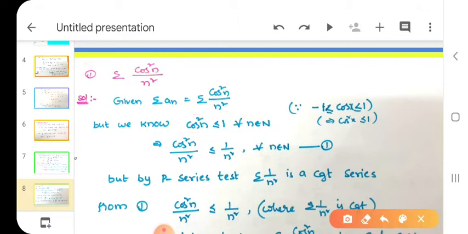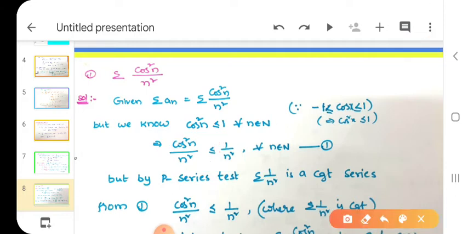Now I divide by n square on both sides. That implies cos square n by n square is less than or equal to 1 by n square. Here cos square n by n square is a series and 1 by n square is also a series. That means we have two series here.